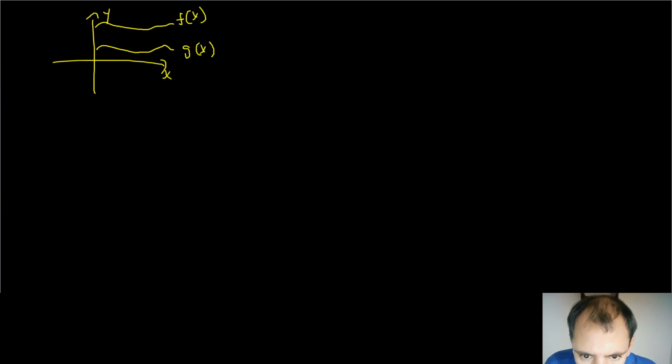Now, how do I find the entire mass of this thing given a density? Let's say the density has to be the same everywhere. It cannot be more dense in here and less dense in here. The density has to be uniform. So the density equals mass divided by the area.